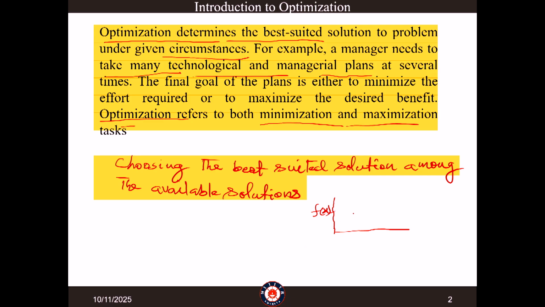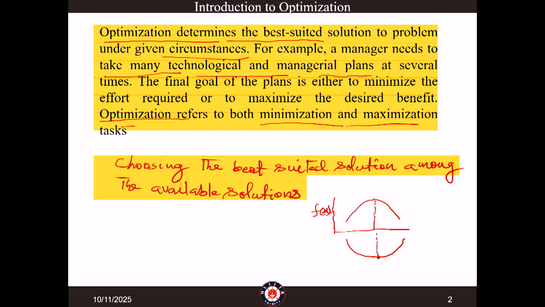For this one, this is the maximum value of the function, f max. And if I want the minimum value of the function, if the function is something like that, then this one is the minimum value.